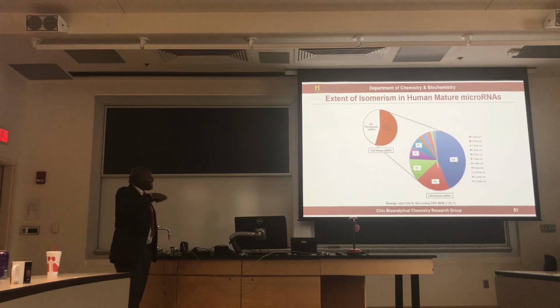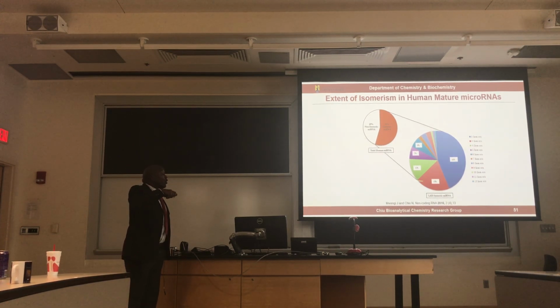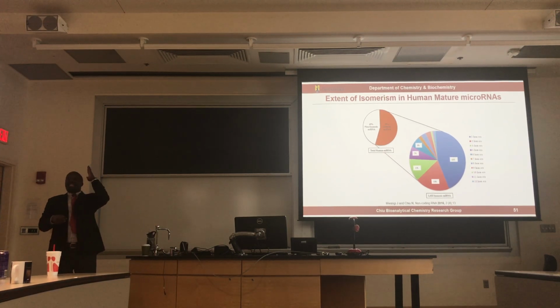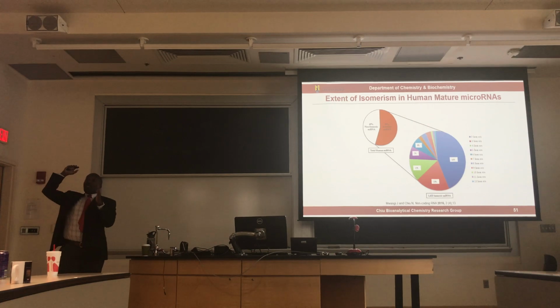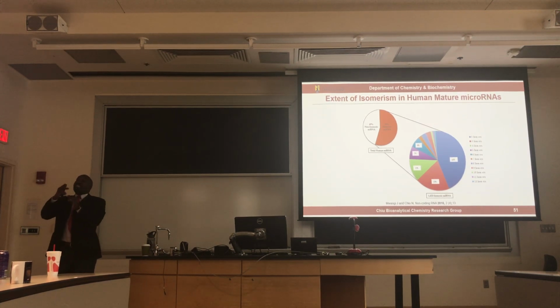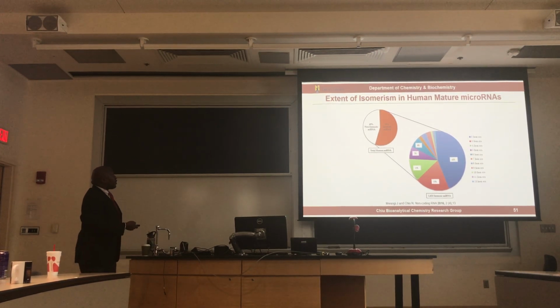The largest isomer group was 2, meaning that if you have one microRNA, there are 44% chances that there is another microRNA that has the same nucleotide composition but different sequence. So if you're using mass spec, you are likely to get just one peak, but there are 2 types of isomers in that one peak. Therefore, this offers a challenge in analyzing microRNA.